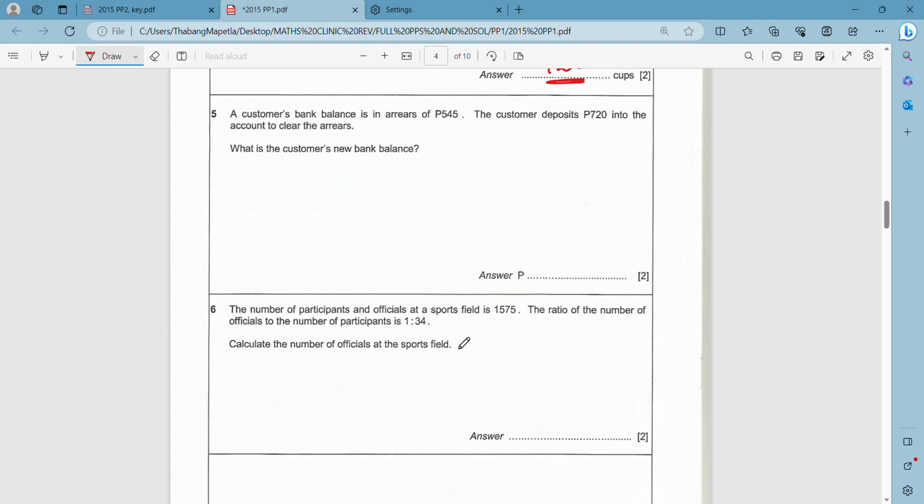So these are arrears. The customer is going to deposit 720 in order to clear that, so the bank can be at zero or have some money.